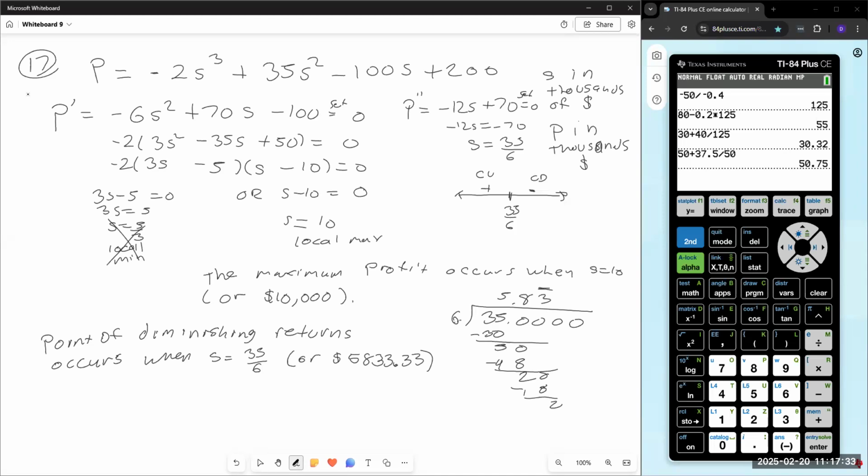You could write that as a fraction, but we don't talk about dollars in fractional amounts like that, we write them to the nearest cent.